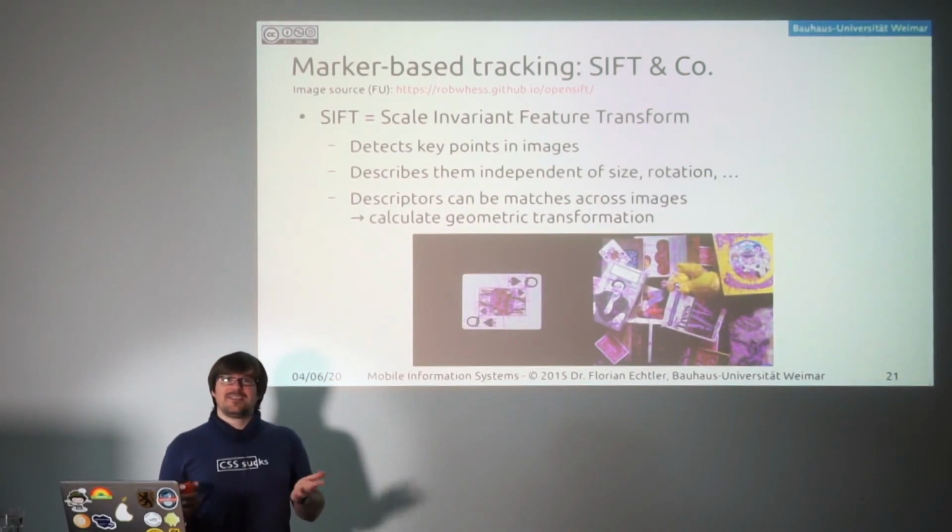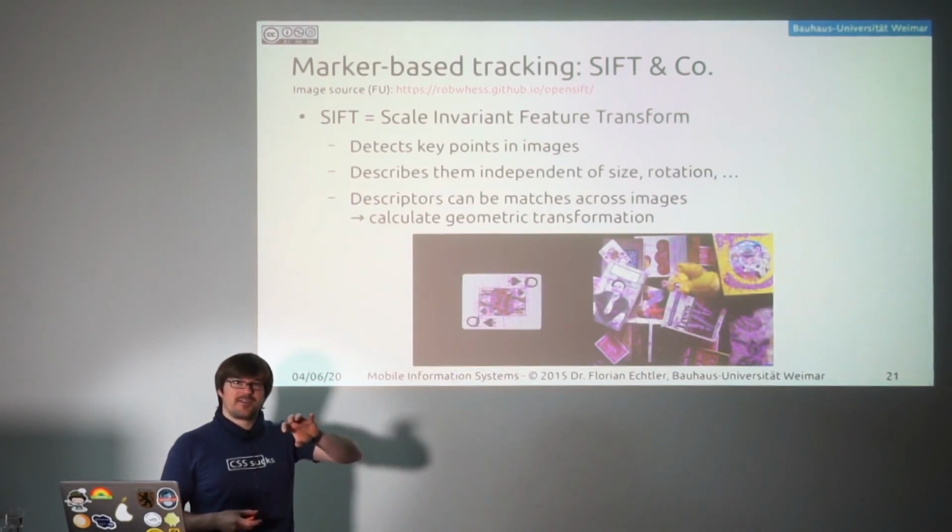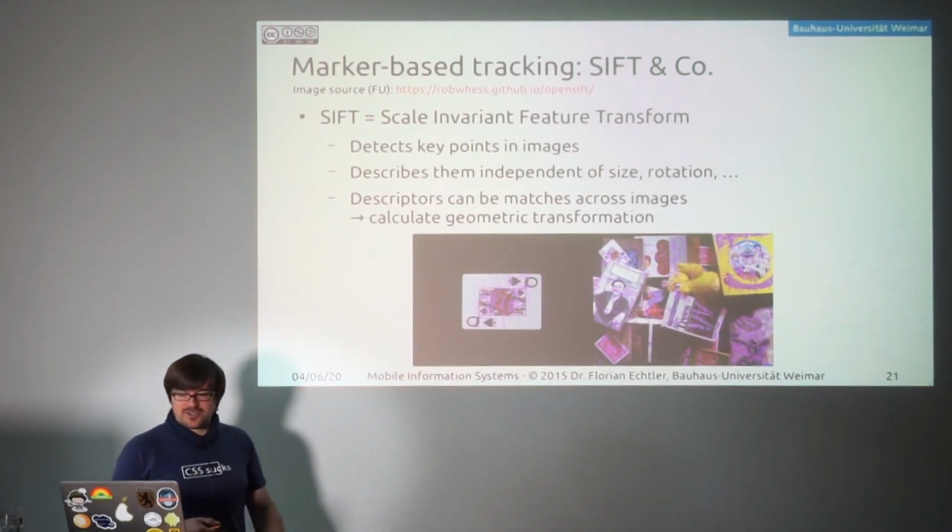And the fundamental idea here is that I take small distinct areas in the image, and create a numerical descriptor for them, which does not change if I modify the size or the orientation of this patch.